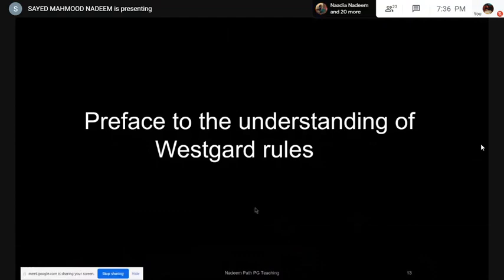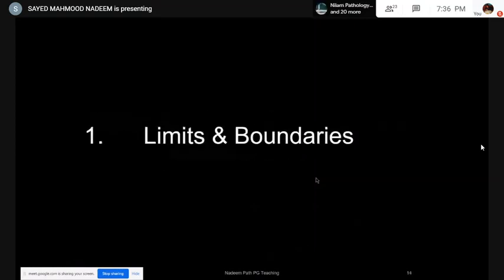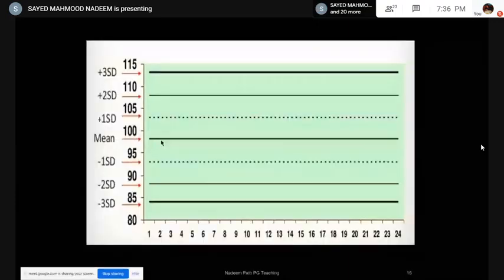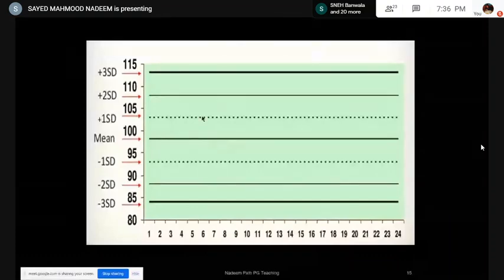So the first preface to understanding the Westgard rules is to understand the limits and boundaries. This is the LJ chart, and you can see this is the mean line, and this is the 1SD plus, 2SD plus, and 3SD plus.